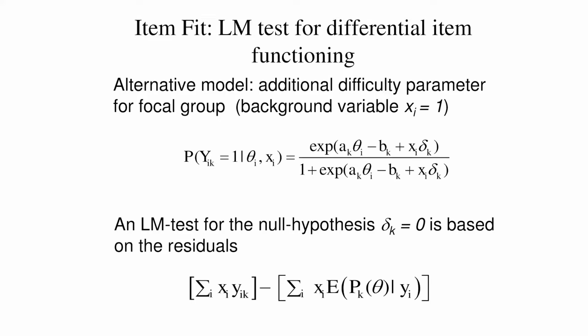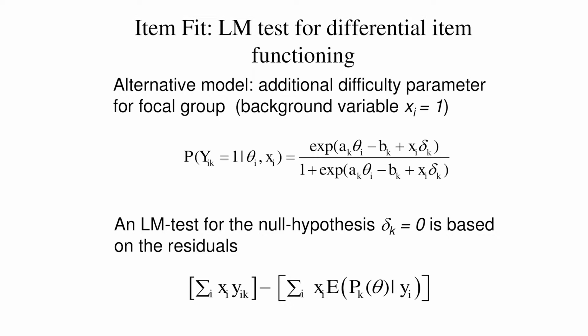Then there is a null hypothesis, and the null hypothesis is that this additional parameter is equal to 0. So the null hypothesis is that there is no DIF, that the same 2PL model holds for both the boys and the girls.